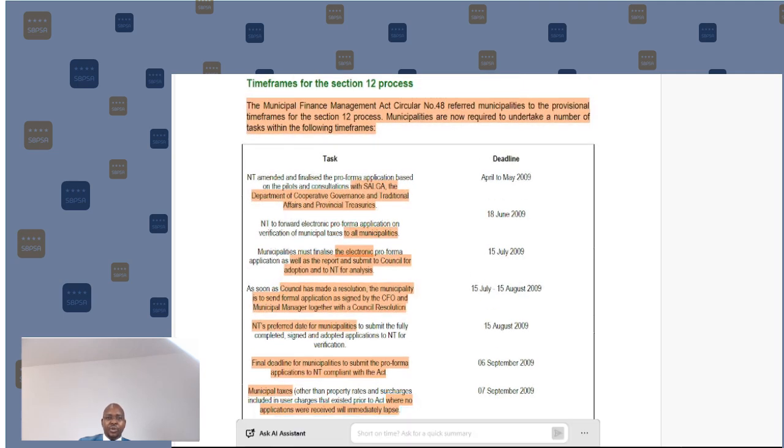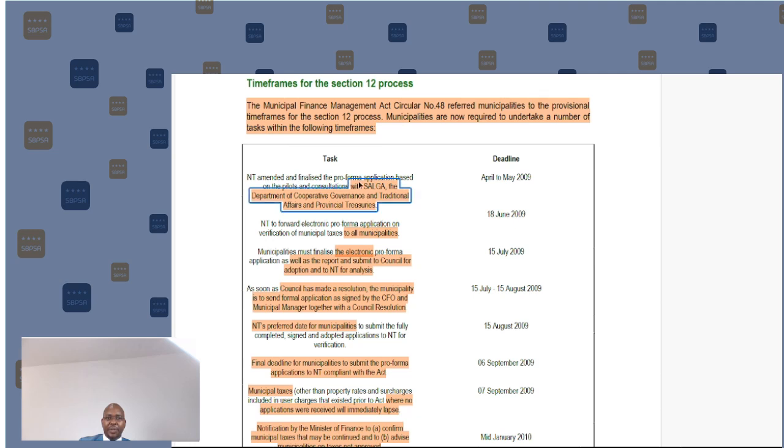Okay, so what was the first task? The first task was that the National Treasury would amend and finalize the pro forma application based on the pilots and consultation with SALGA, the Department of Cooperative Governance and Traditional Affairs and Provincial Treasury.